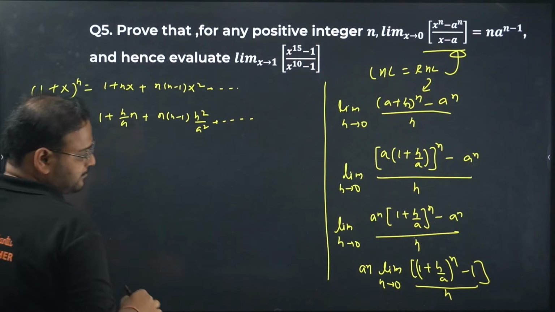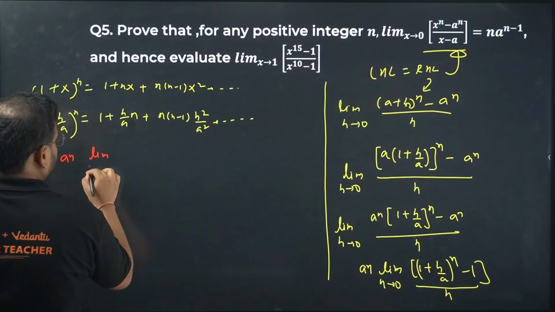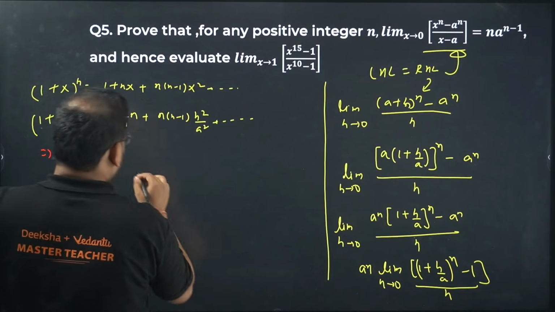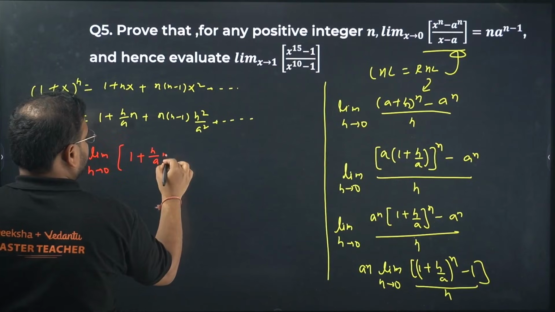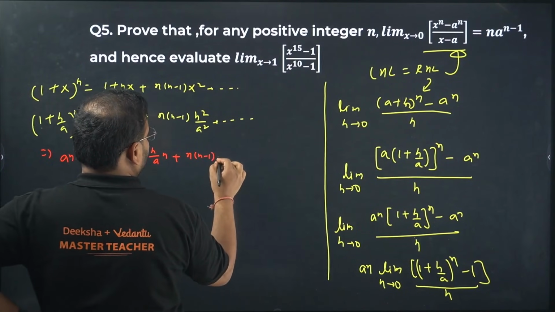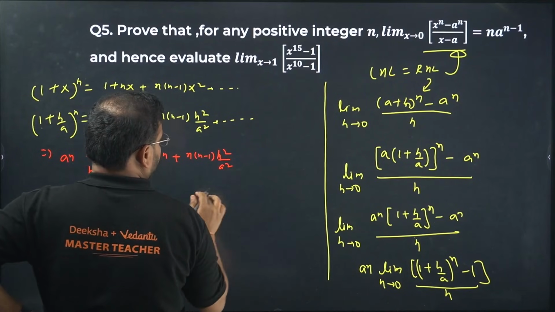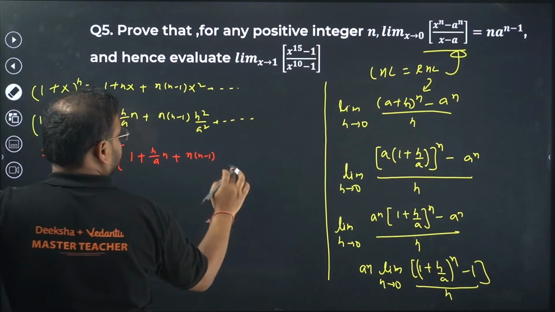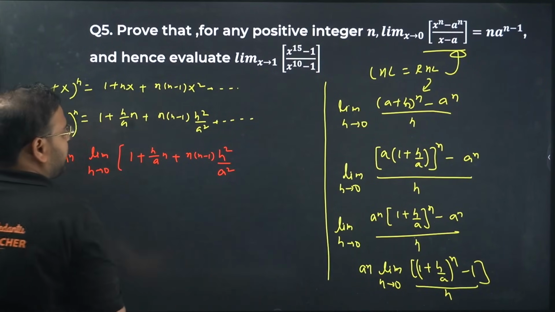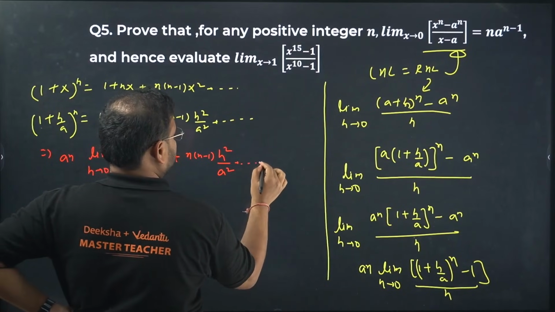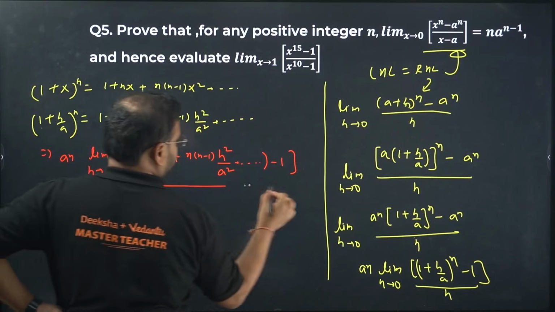A power n, and the limit h tends to 0, and we get this value as, bracket, 1 plus n times h by a plus n times (n minus 1) h square by a square and plus so on, this is the first one, bracket, minus 1, divided by h.